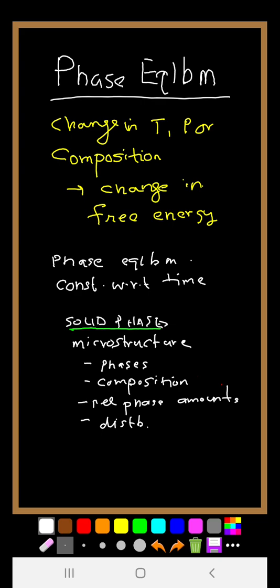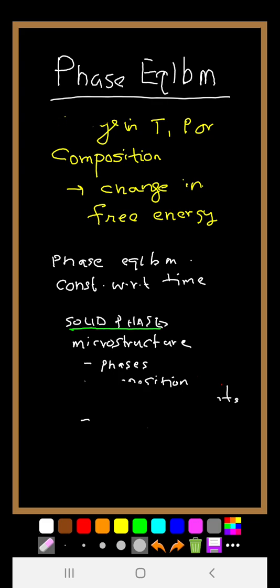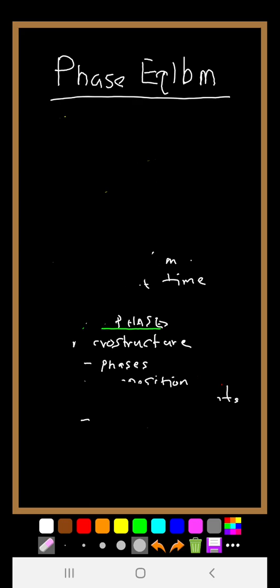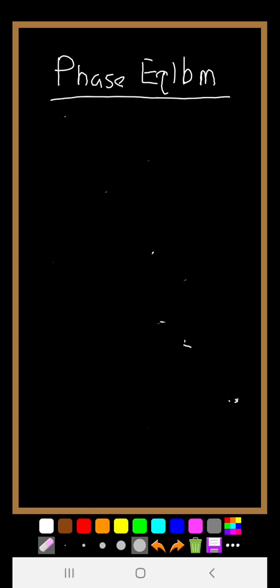Now let's start with an example. We'll start with eutectic alloys.